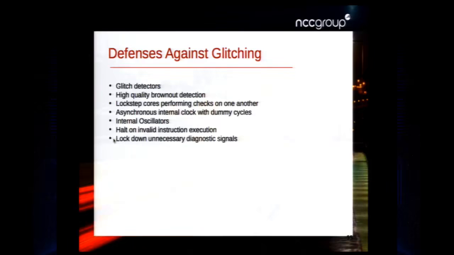A halt on invalid instruction execution would also make an attacker's life pretty difficult in successfully getting a glitching attack off. And finally, you should not have any unnecessary diagnostic signals on your device, which give attackers hints to what code is being executed within the device.